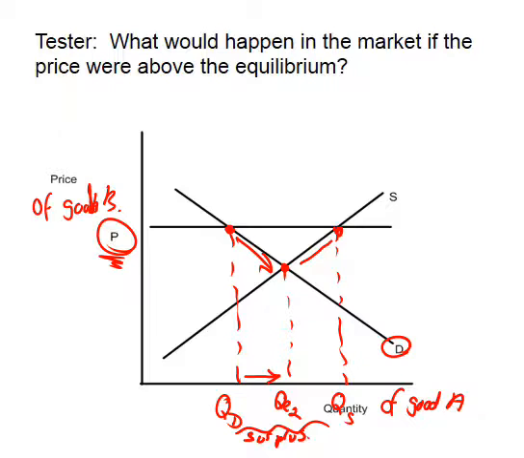And then we have movement along the supply curve where the quantity supplied is going to be less because, according to the law of supply, if price decreases, quantity supplied will decrease. So we have one, the price being lowered to eliminate the surplus, and two, the response of consumers demanding more because of the decrease in price, and suppliers or producers supplying less because of the decrease in price.